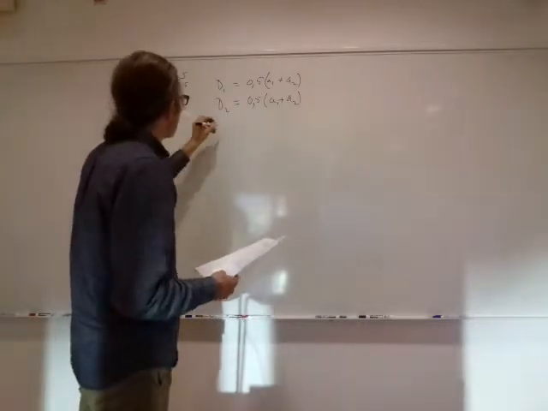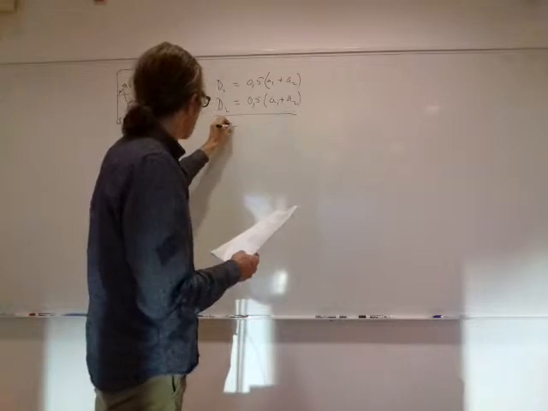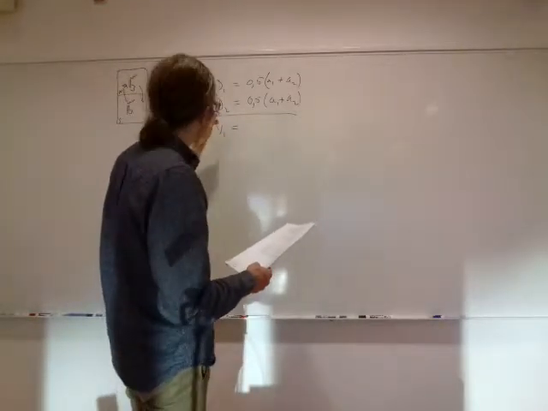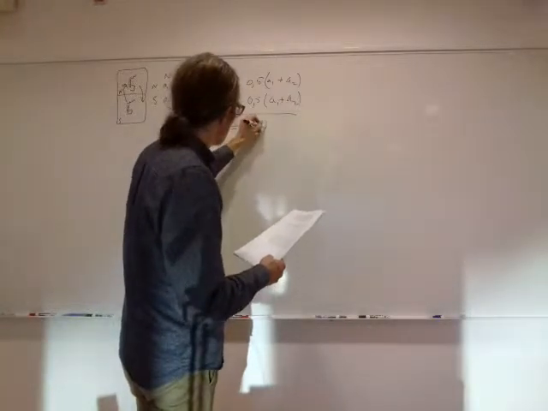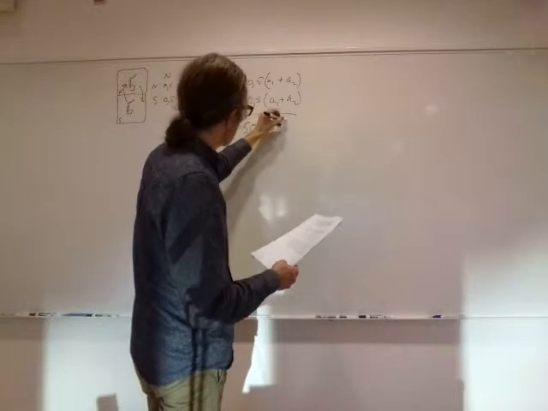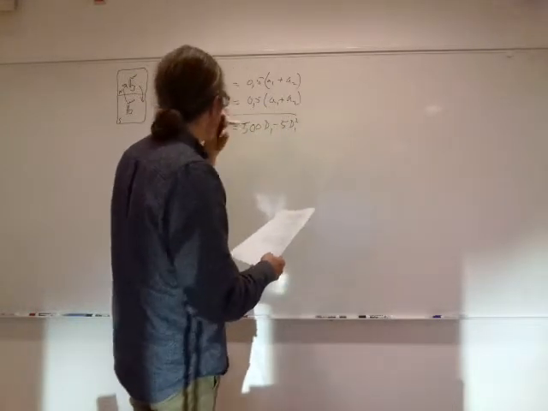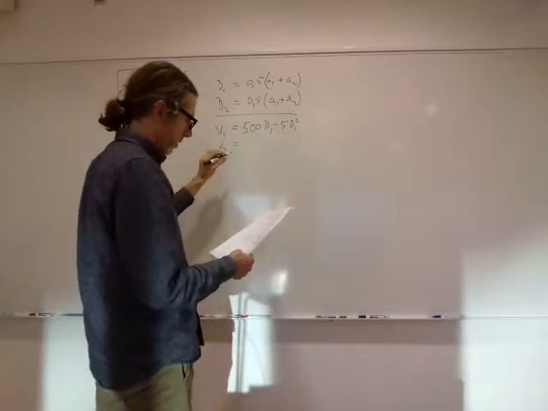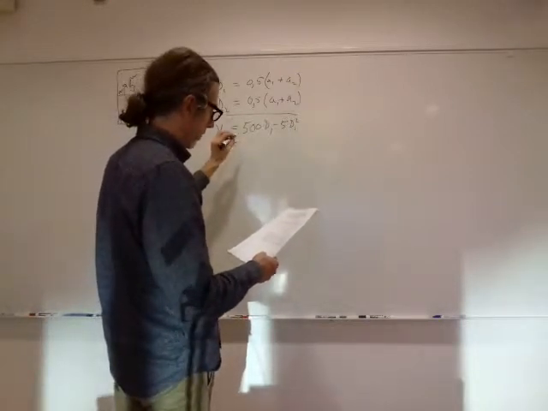The benefits are 500 D1 minus 5 D1 squared in country 1, and for country 2 it's 1000 D2 minus 5 D2 squared.